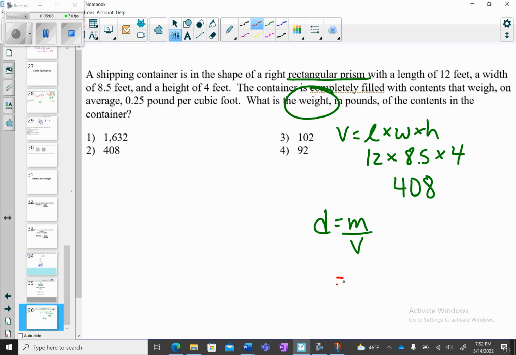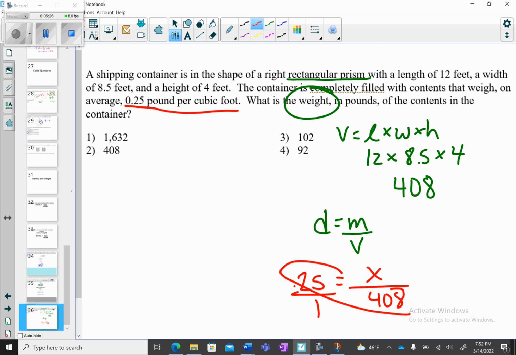Our volume is our 408, and then it told us that on average 0.25 pounds per cubic foot, that's the density. So we're going to have to end up multiplying 0.25 times 408 in order to get the mass, which is what we're looking for, the weight. So 408 times 0.25 gives us 102, which is our final answer.